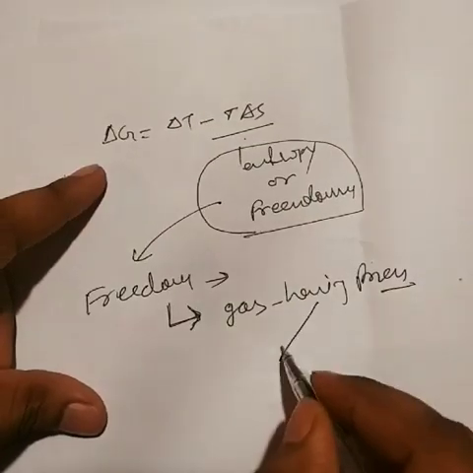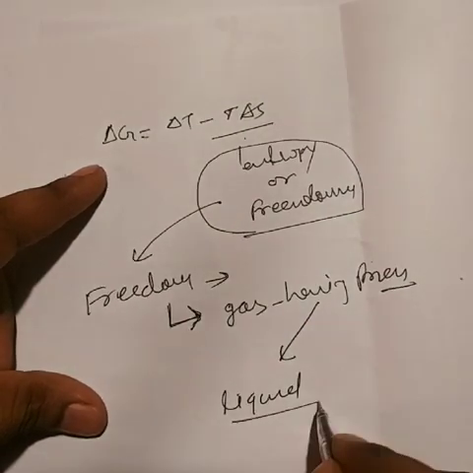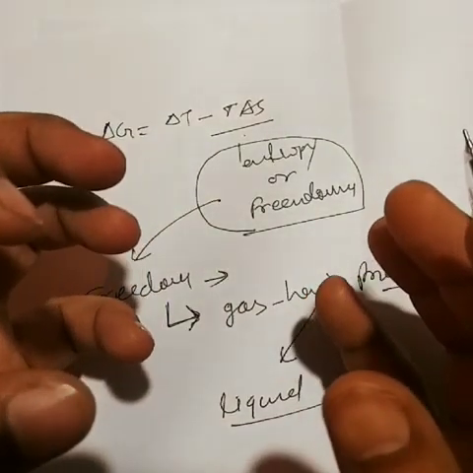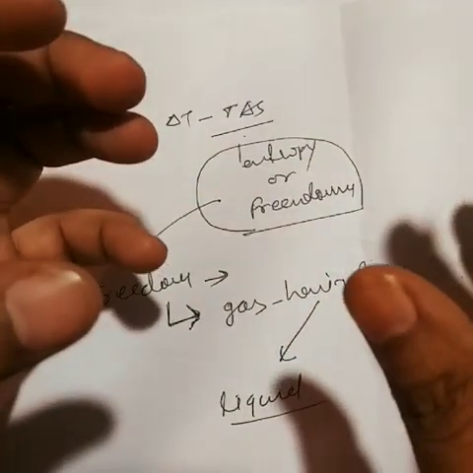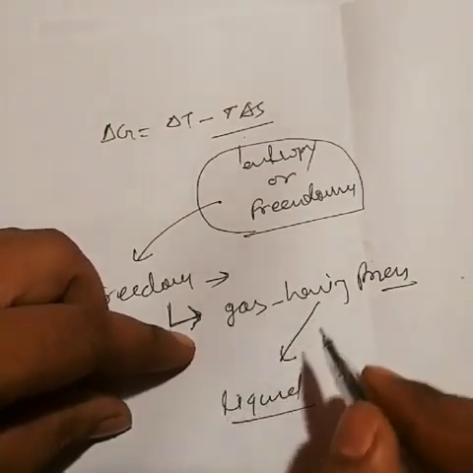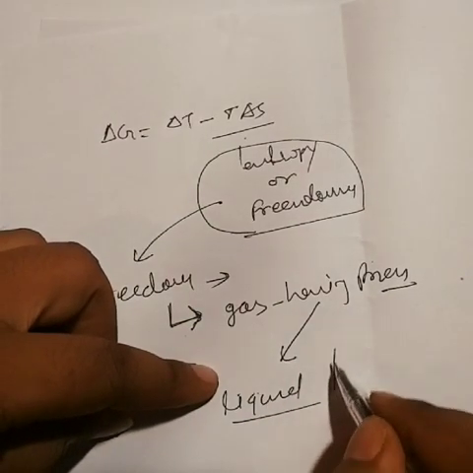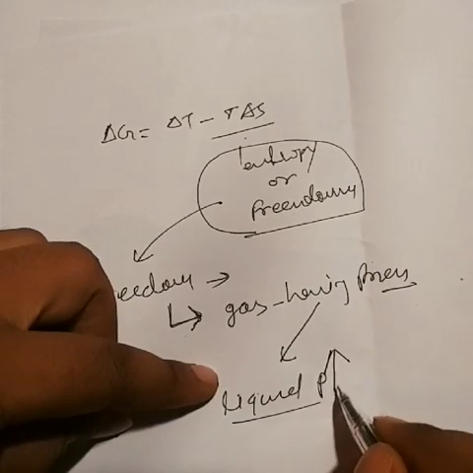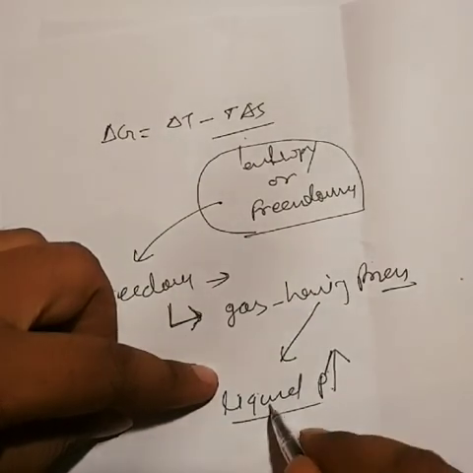Whenever we dissolve this gaseous substance in liquid, it will be somewhat pressurized against each other. That means you have to reduce that freedomness. If you take away the freedom, gas is free, it is independent. If we want to insert this gaseous substance into liquid, what do we have to do with pressure? We have to increase the pressure. In that case, we raise the pressure, and after that the gas enters the liquid.